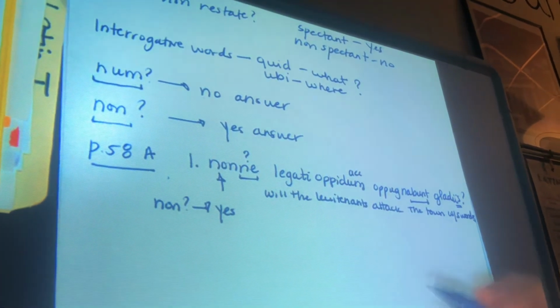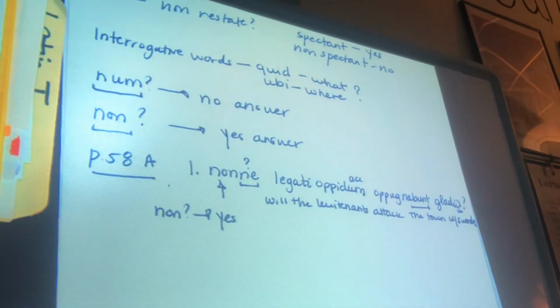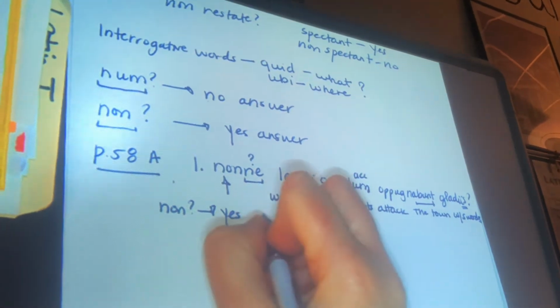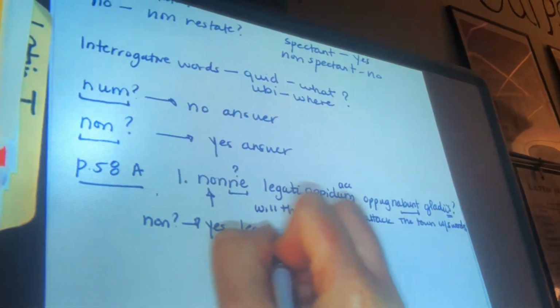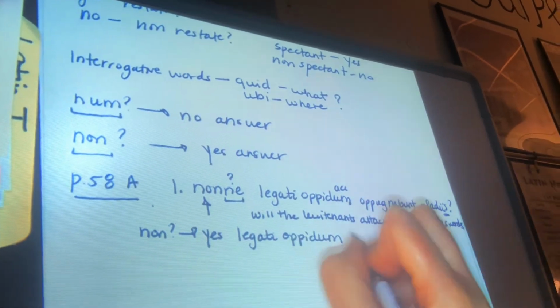So how would you answer that? Will the lieutenants attack the town with swords? We already know we want to say yes, so we just have to restate, right? So legati oppidum oppugnabunt gladiis, you're essentially just rewriting it.